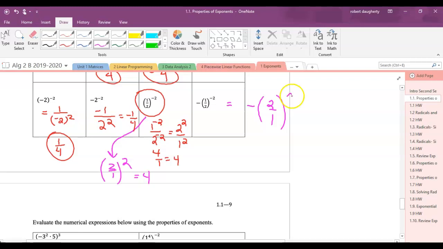This becomes 2 over 1 squared, so this is just negative 4. Another way of doing this is to say this is the negative of 1 to the negative 2 over 2 to the negative 2, which is the negative of 2 squared over 1 squared, which is negative 4.